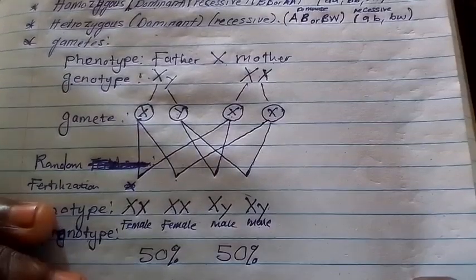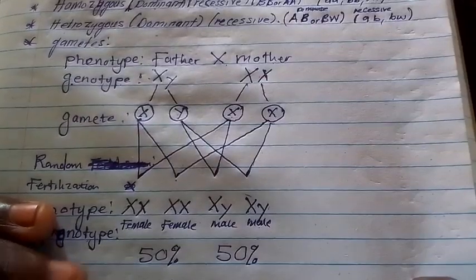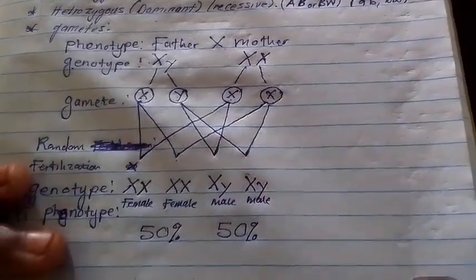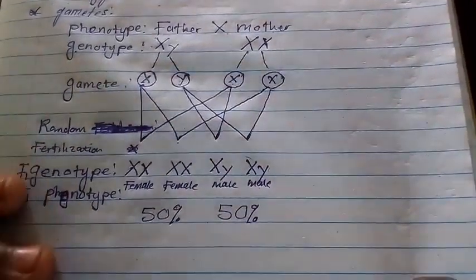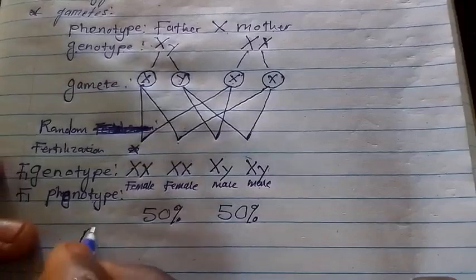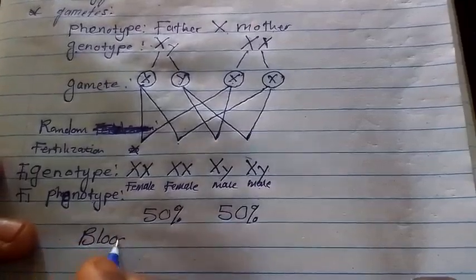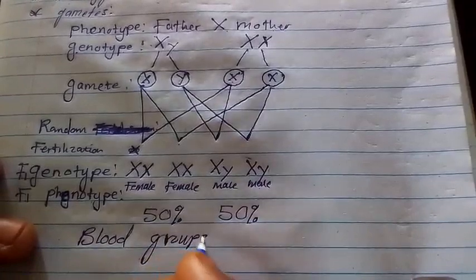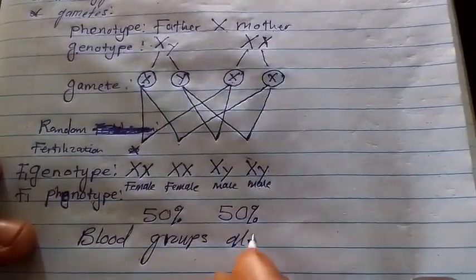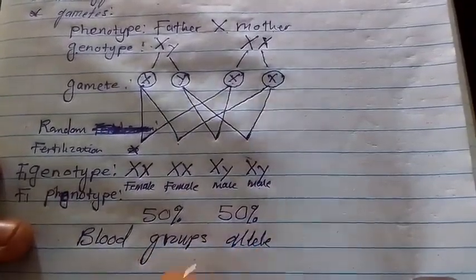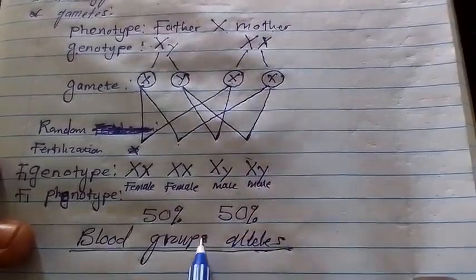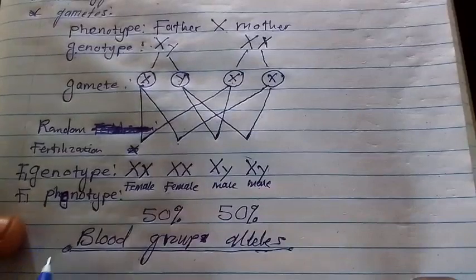Right. So now let's come to the alleles for blood groups. Before I go to the blood group alleles, let's look at the types of blood that we have.